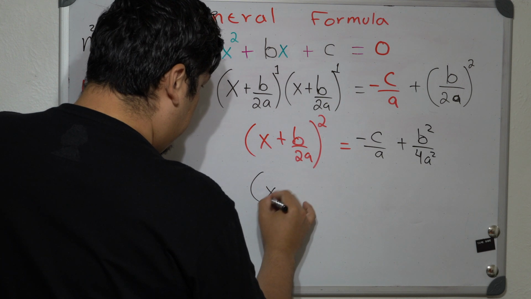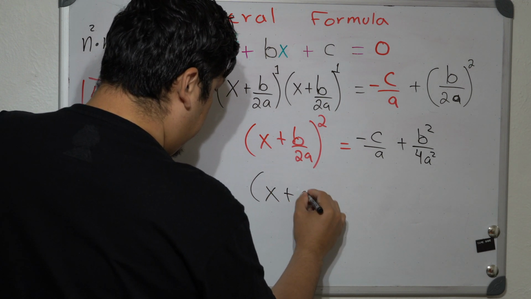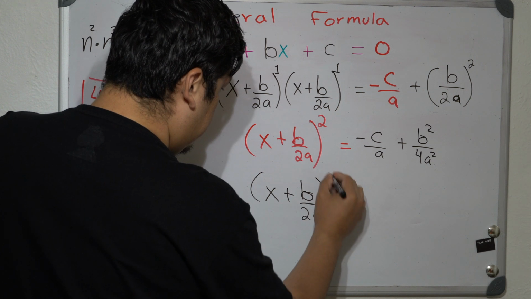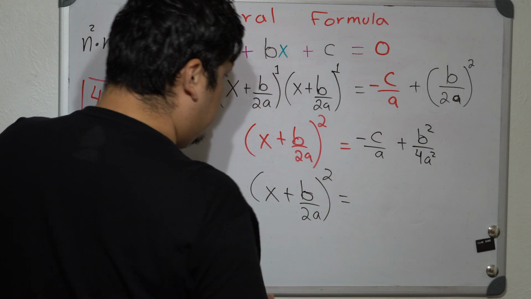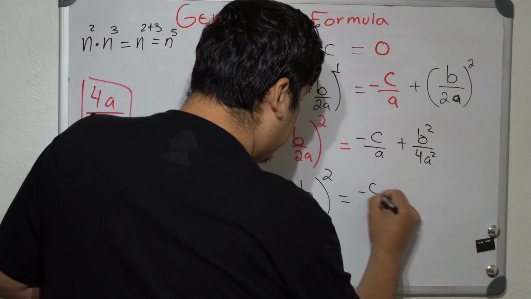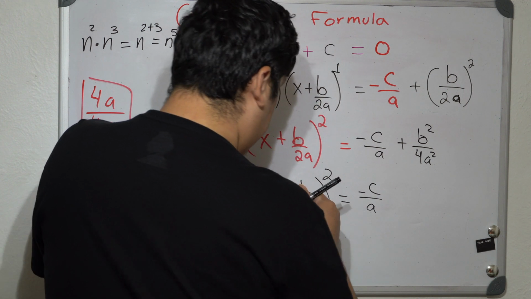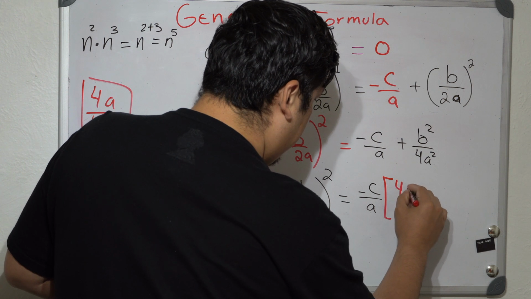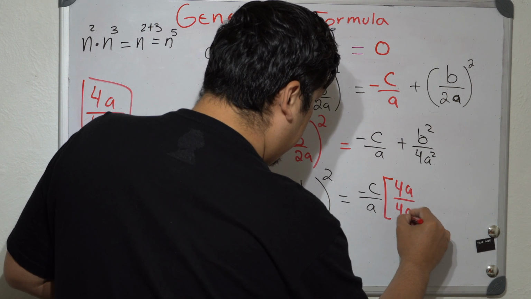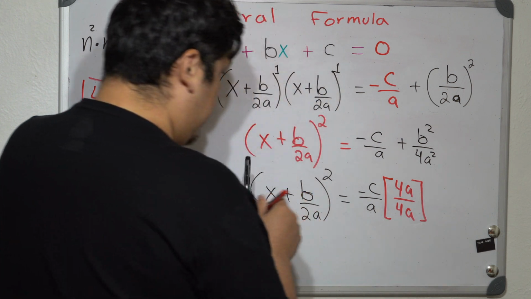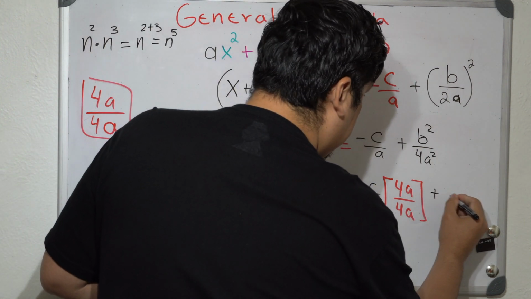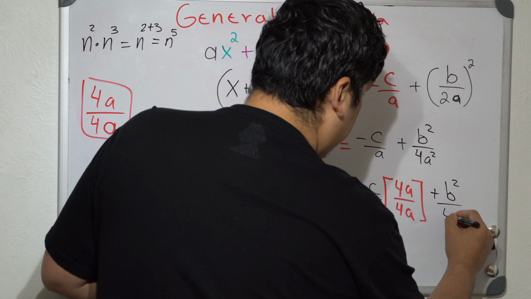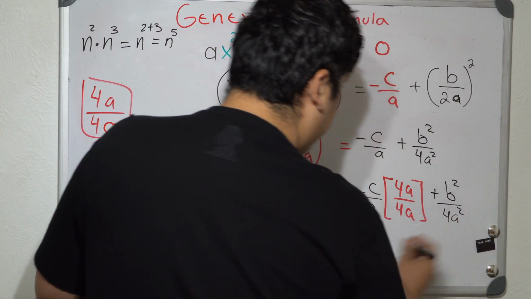So on this side, we still have x plus b over 2a, all of it squared, equal to negative c over a. And now we're multiplying by 1, so 4a over 4a. And we have plus b squared over 4a squared.